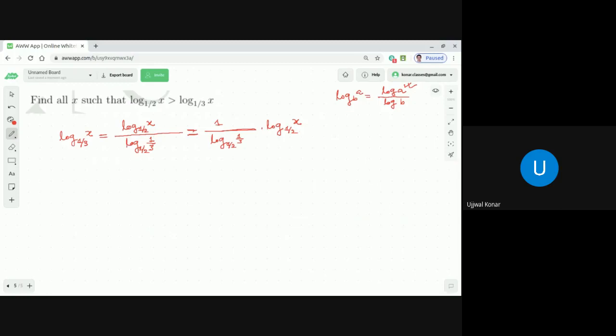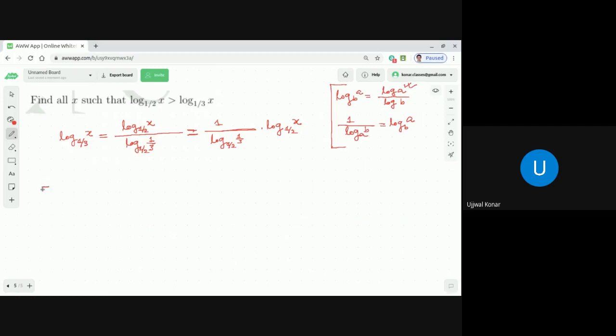Now recall one property we learned: log of a base b is equal to 1 by log of b base a, or the other way, 1 by log of b base a is nothing but log of a base b. Correct, no? On the right hand side, I'm using this property.